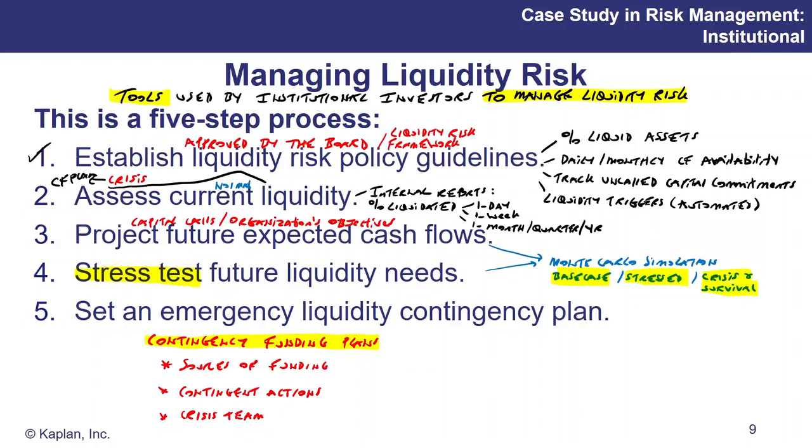Now, contingent funding is the first quick mention here. Other ones are contingent actions. It's the idea of how you might act differently now that liquidity is tight.